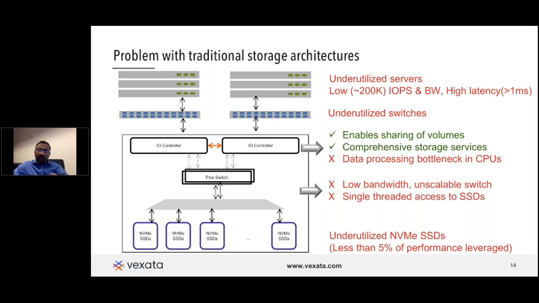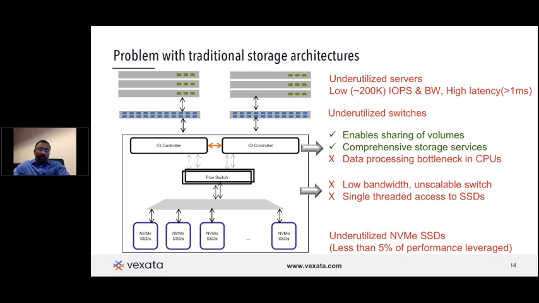So they read from or write to them one at a time, and through very anemic PCIe switches. Due to the lack of parallel processing, these NVMe SSDs are very poorly utilized. As a result, what the servers end up seeing in aggregate is something like 200K IOPS, which is less than what even a single drive is able to provide. And they also see much higher latencies.